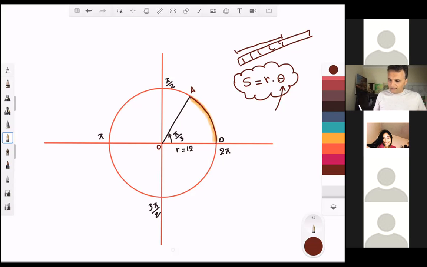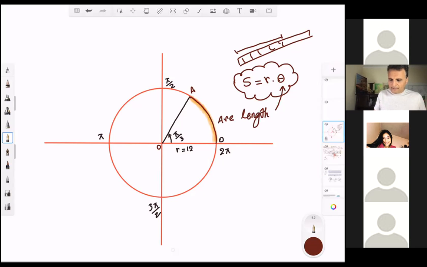So S will be arc length, correct? In this particular example, S will be 12 multiplied by pi over 3, which will be 4 pi. So we find the length from here to A, this much is 4 pi.